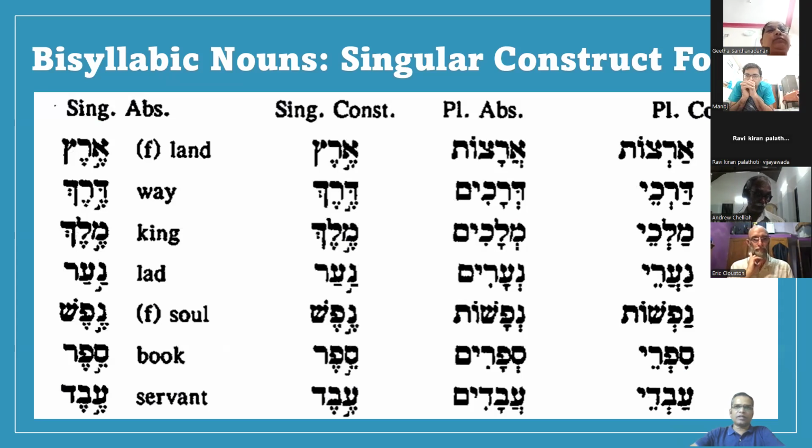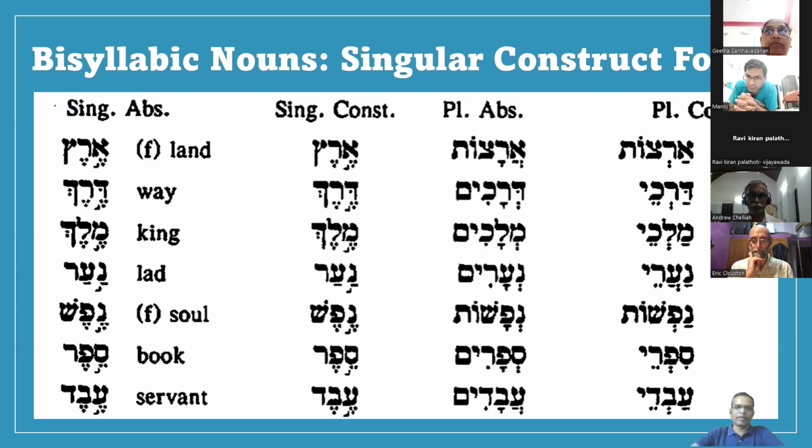All right. So in the bisyllabic singular nouns, first category, two syllables. First syllable open with long vowel, second syllable also long vowel. The first syllable's long vowel will be reduced to a simple vocal Shva. The second syllable, closed, its long vowel will be reduced into Patach.